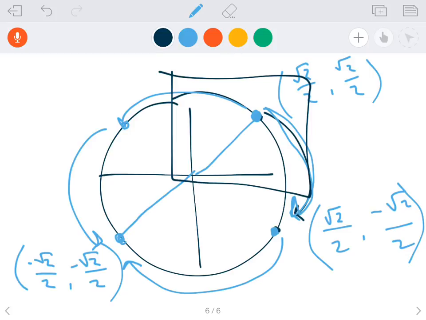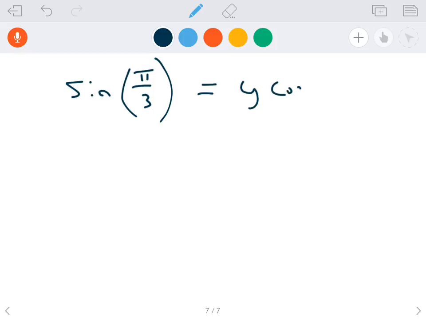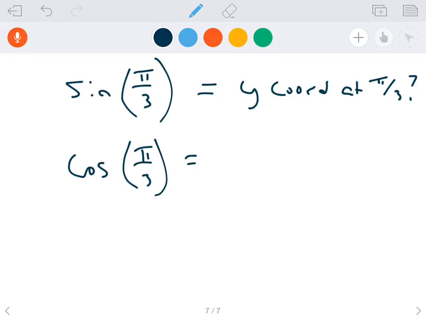Now, what about trig functions? If I ask you to find the sine of, say, pi over 3, what I'm asking for is what's the y-coordinate at pi over 3? If I ask you for the cosine of pi over 3, I'm asking you what is the x-coordinate at pi over 3?